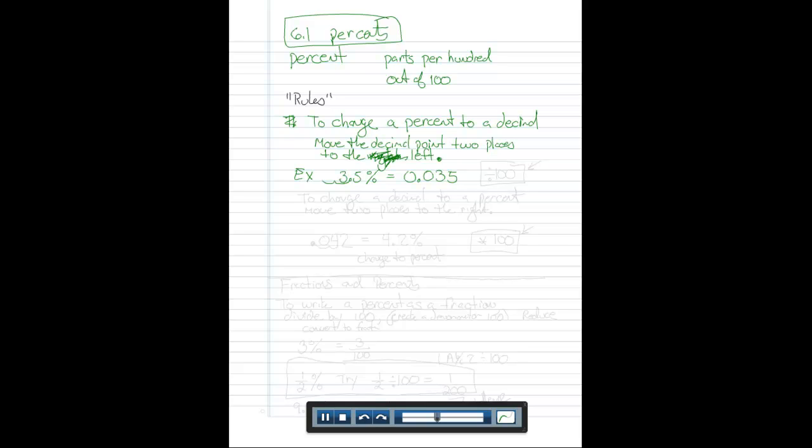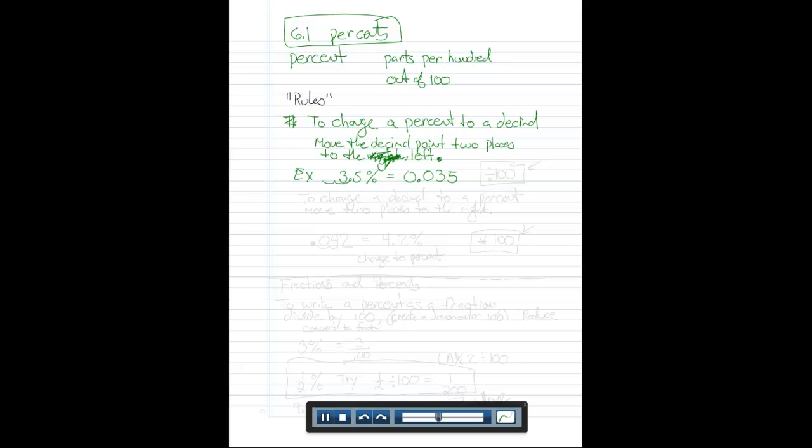Now, I, in my head still, think about it as 3.5, and I picture, okay, if I want that as a decimal, it's about 35 thousandths. That's your rule. Does that make sense? 2 places to the left.